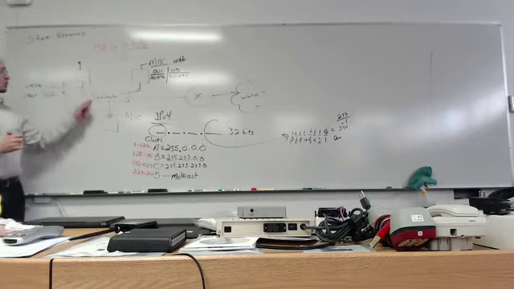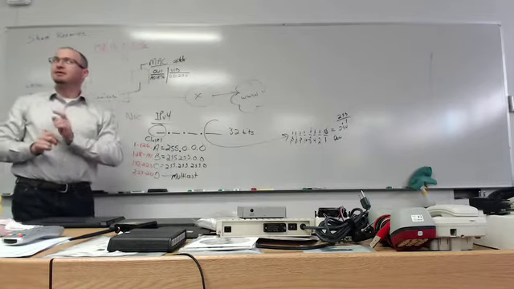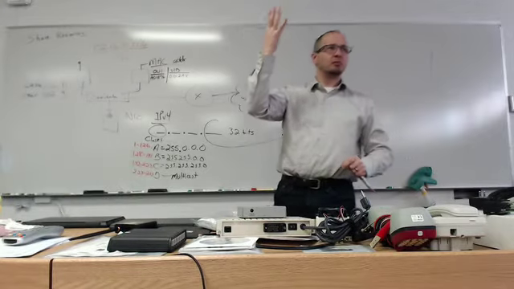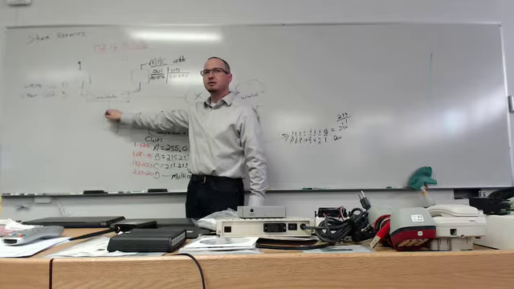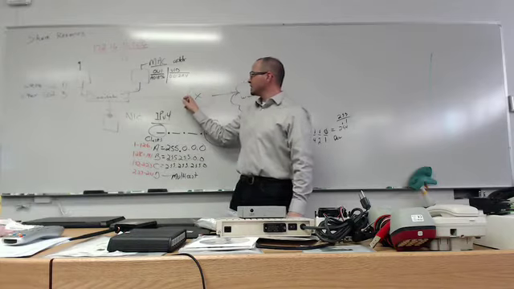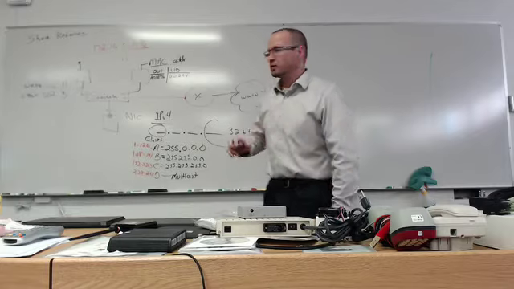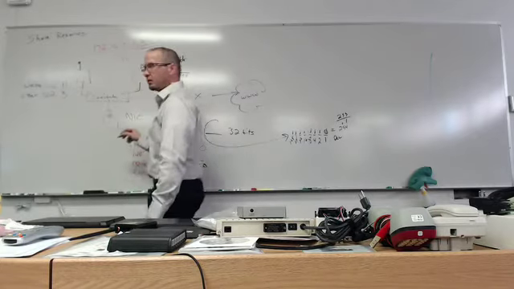I have how many hosts on this logical network? My obvious 3 PCs, 1, 2, 3, and my router. Each interface on a router essentially creates a logical network. So I have 4 devices, 4 hosts on my network.